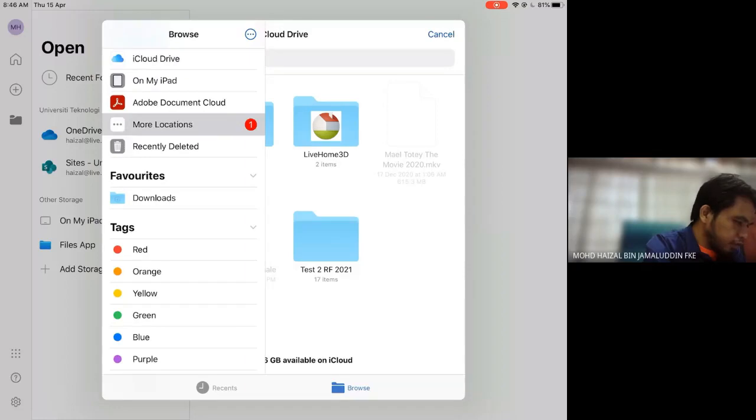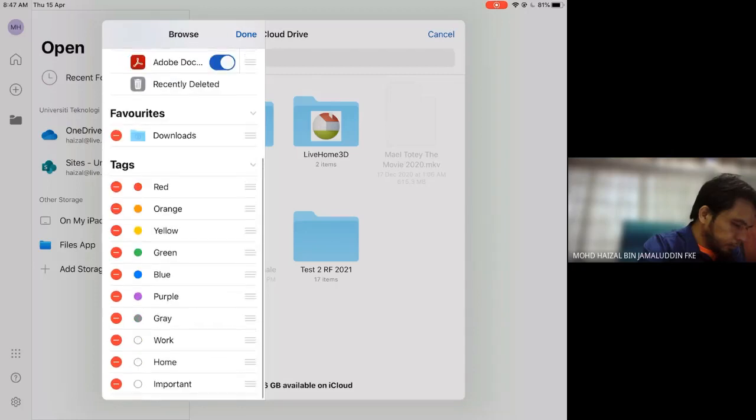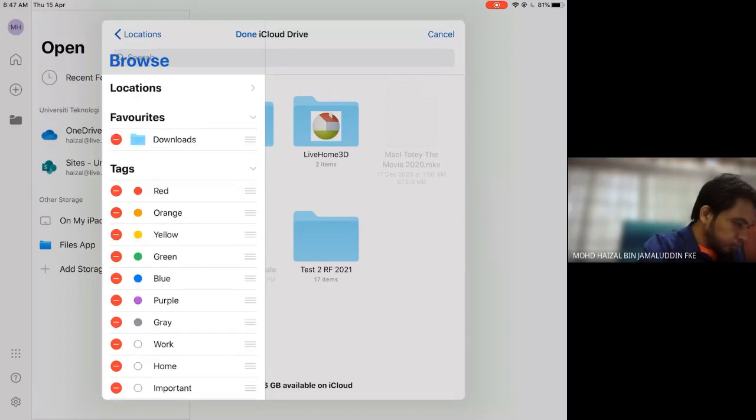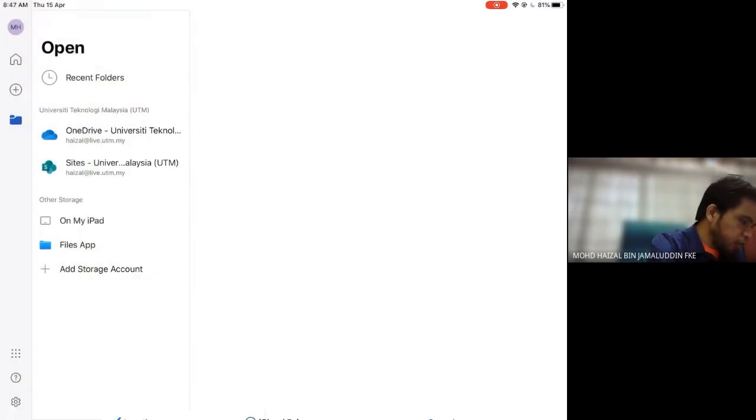More location. And we have the Google Drive. So yeah. Okay, dah. Lepas tu hang.